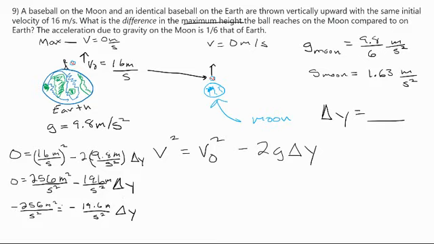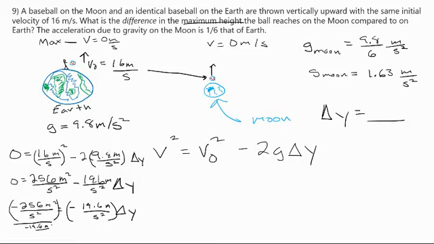Now, to solve for delta y, I'm going to have to divide both sides by the negative 19.6 meters per second squared.